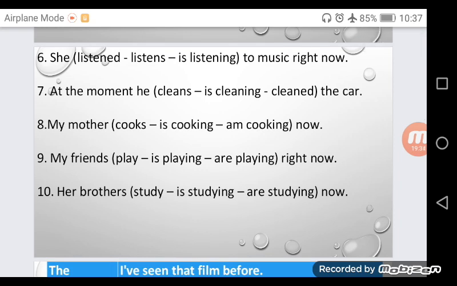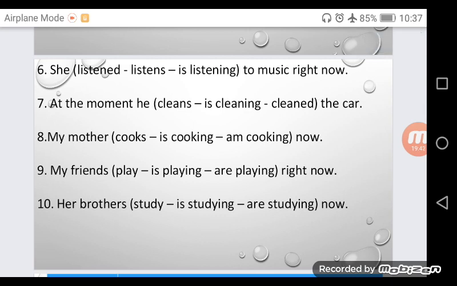Some other questions. Number 6, she listened, listens, is listening to music right now. The correct answer is listening. She is listening to music right now. Number 7, at the moment, he cleans, is cleaning, cleaned the car.